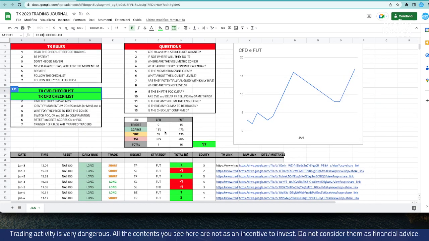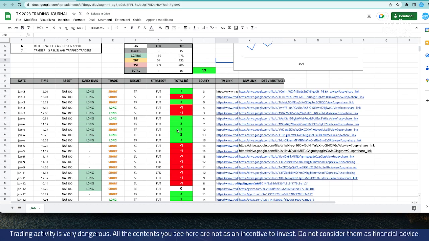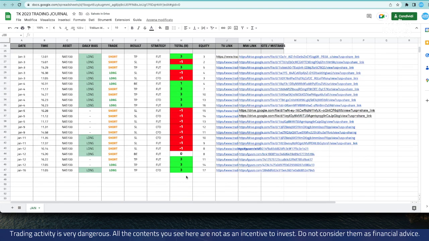As you can see, my January is going pretty well now, but I had 8 consecutive stop losses, a strong drawdown that I have never seen before in my trading career, in the last 3-4 years more or less.